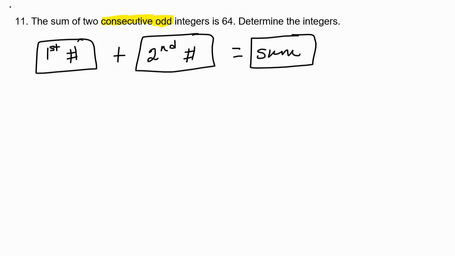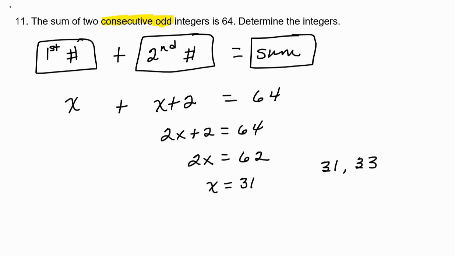Okay, the first number is x. The second number I don't know, but I do know that it's the next odd number. So it is 2 more than the first number. So when I add those two numbers together, the sum is 64. So let's solve this. Okay, and there are my answers, 31 and 33.